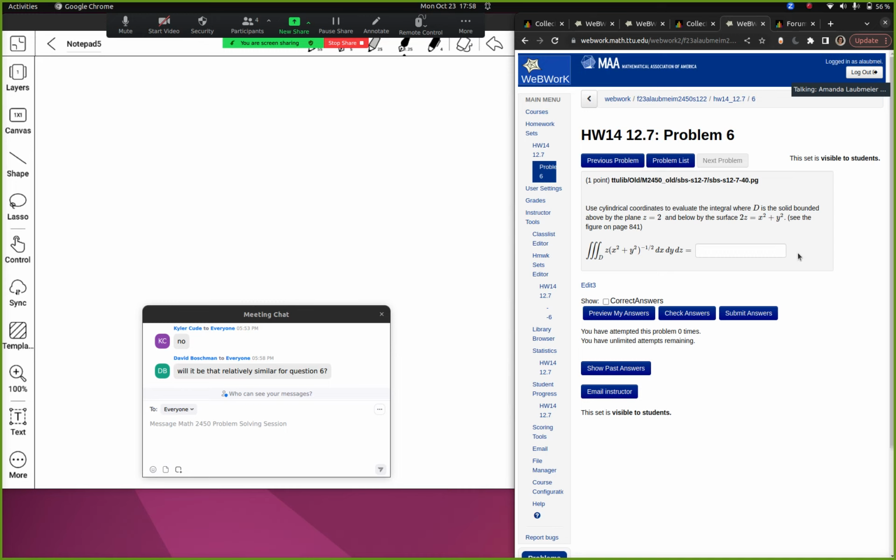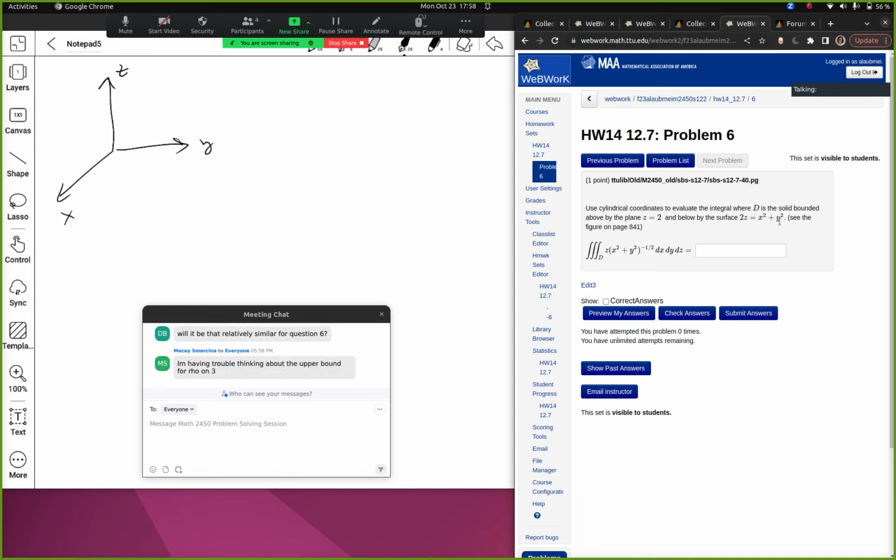But luckily it tells you what's above and what's below. So it's saying above by z equals 2 and below by z equals x squared plus y squared. X squared plus y squared is like a paraboloid. So this is going to be your lower z bound, and that's going to be your upper z bound.